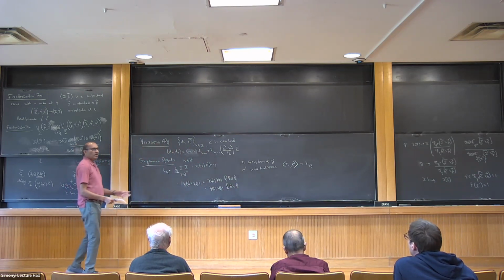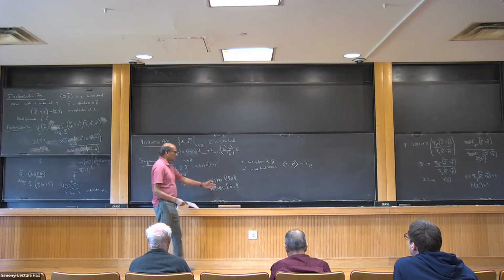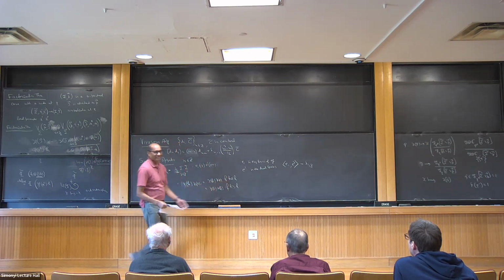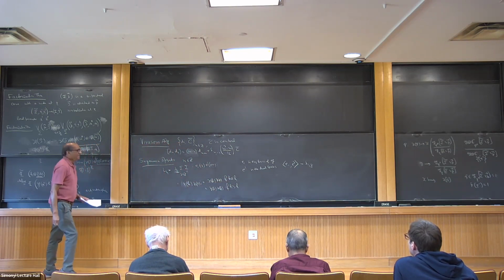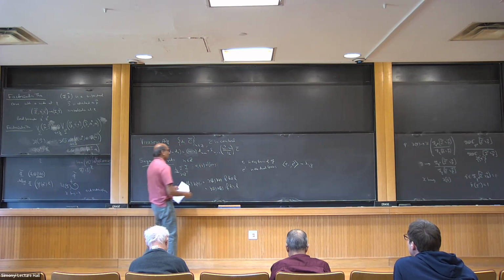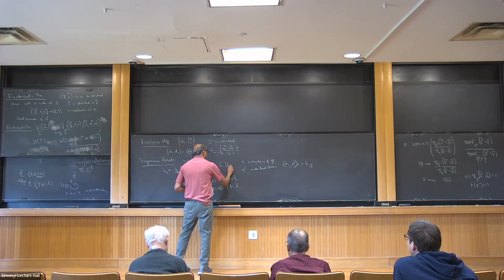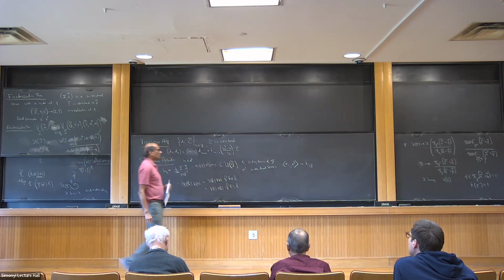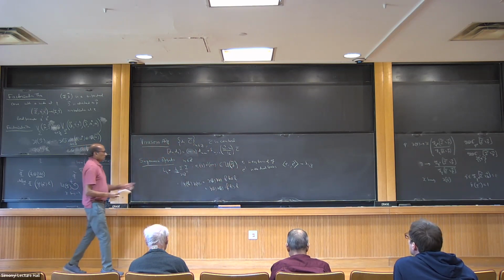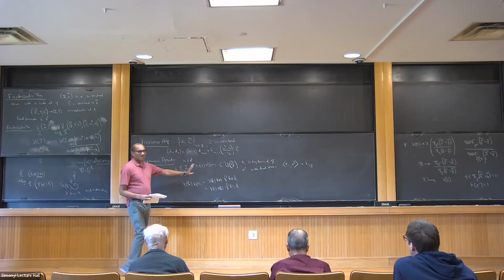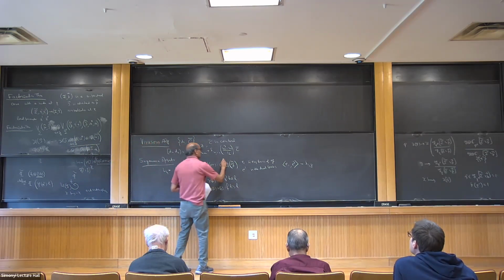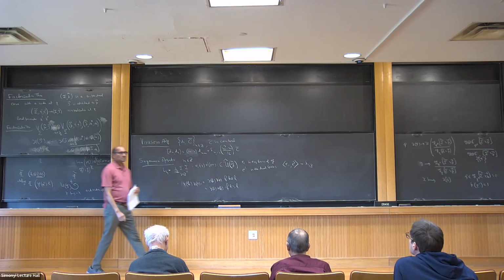You always want to put the bigger brother to the right side. That's the idea. So this is an element in the enveloping algebra of G hat, but in some completion, to be precise, because this is an infinite sum.